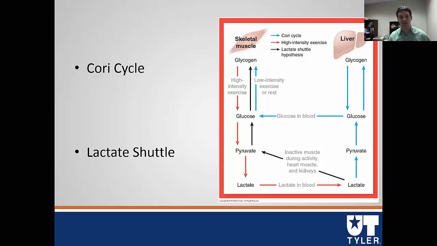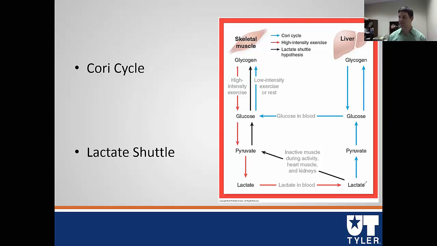If we don't have enough ability to shuttle that pyruvate into mitochondria, what we can do is convert it to lactate, which also helps recycle NADH back into NAD. It then leaves the muscle and can appear in blood. Indeed, we see this happen with exercise, and in the lab, we're going to be taking blood lactate measures in a few labs in the future to see how it changes with exercise.